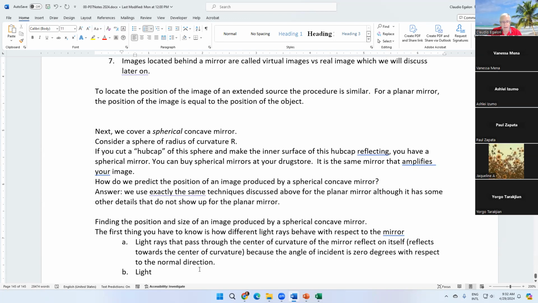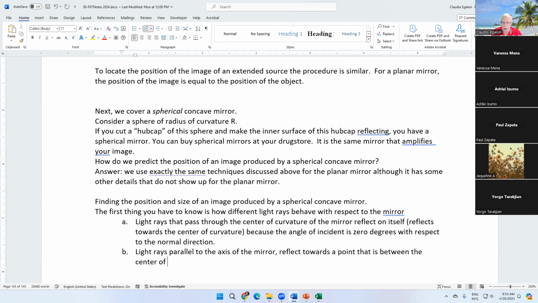Light rays parallel to the axis of the mirror reflect towards a point that is between the center of curvature and the mirror itself.